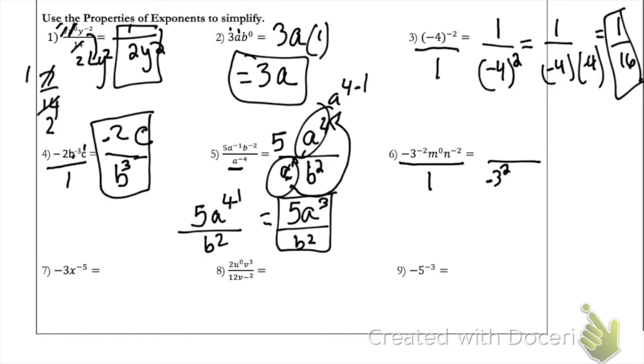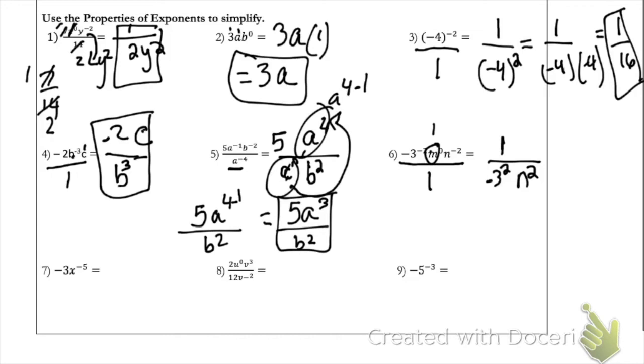M to the 0. Anything raised to the 0 gives you a 1, so this here is just a 1. N to the negative 2, I can move it to the denominator by just making it positive, so it's n to the positive 2. This one on the denominator, if you want to, you can carry it over and make it times 1. You don't really need to do that because anything times 1 doesn't change your final answer.